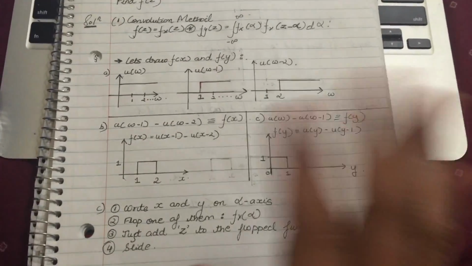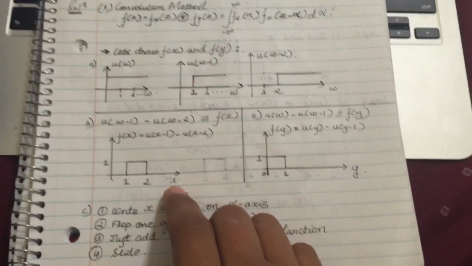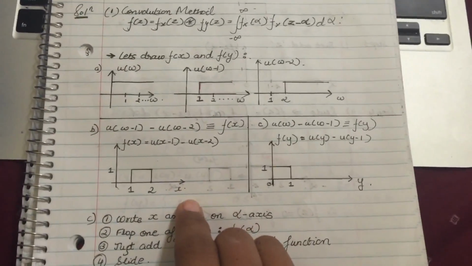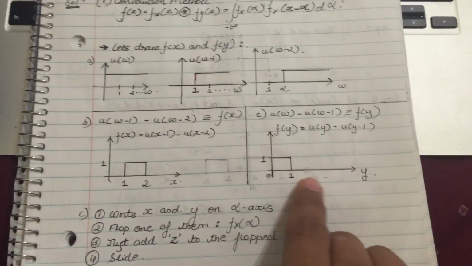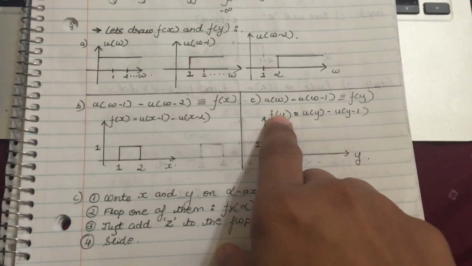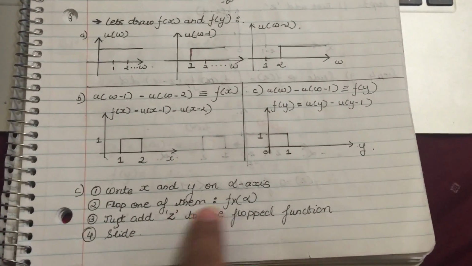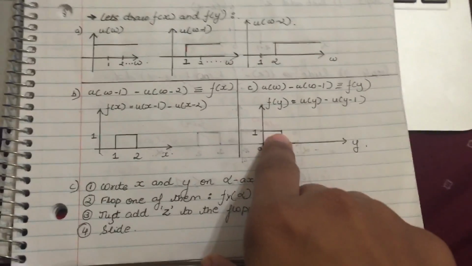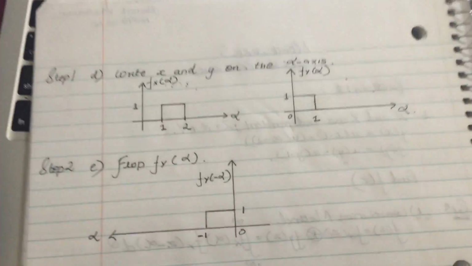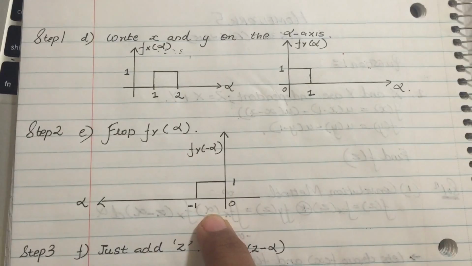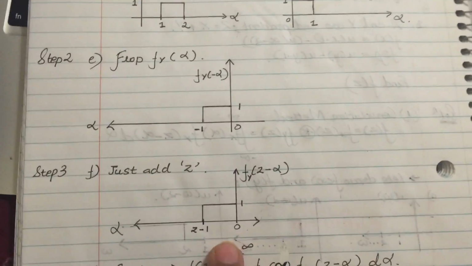So if you were to draw this on the alpha axis, the only thing that would happen is that this would become the alpha axis, and this would be f of alpha, and this would become the alpha axis, and this would be f of alpha. And if you had to add z to the flopped function, first you would have to flop this. So this would just get shifted like this, and then you would just add a z to it.